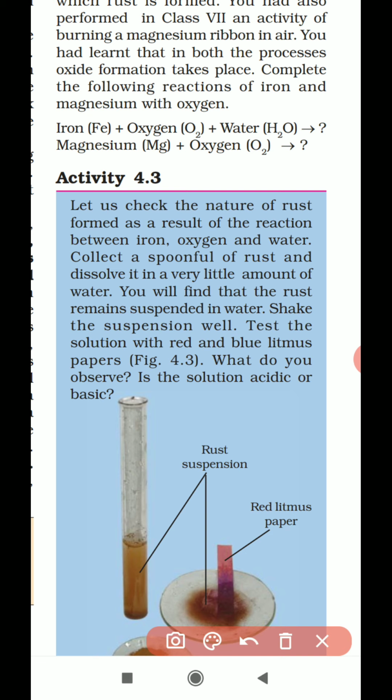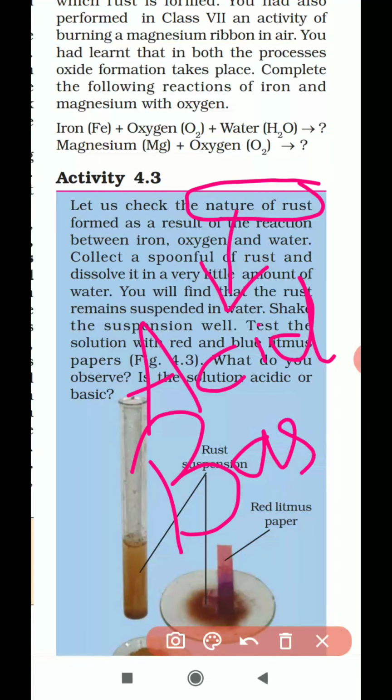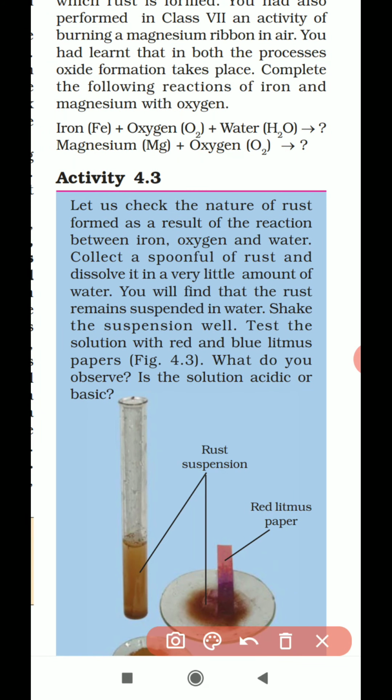Now I am going to check the nature of the rust, whether the rust is acidic or basic. So I will collect a spoonful of rust by scraping it off the iron nail and dissolve it in a very little amount of water.